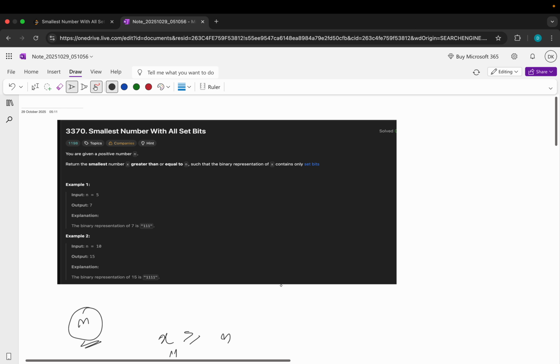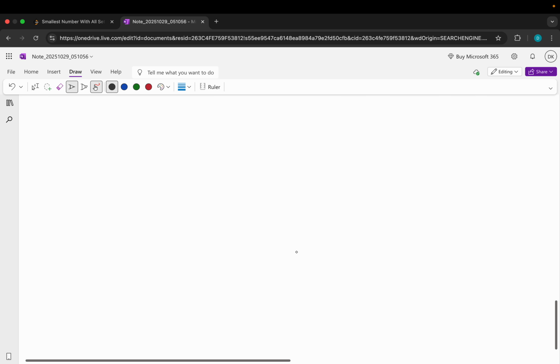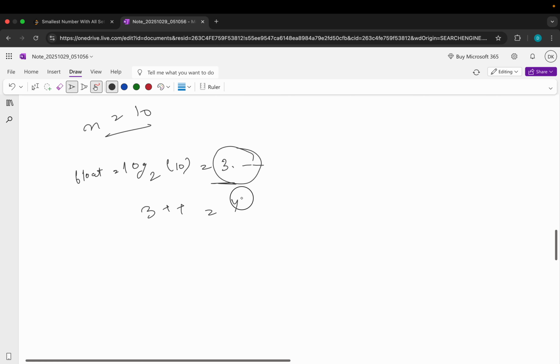Let us take another example, n is equal to 10. Now we will find log base 2 of 10 and store it in a float. It will become 3 point something. We take it as 3 and increment it, 3 plus plus is 4.